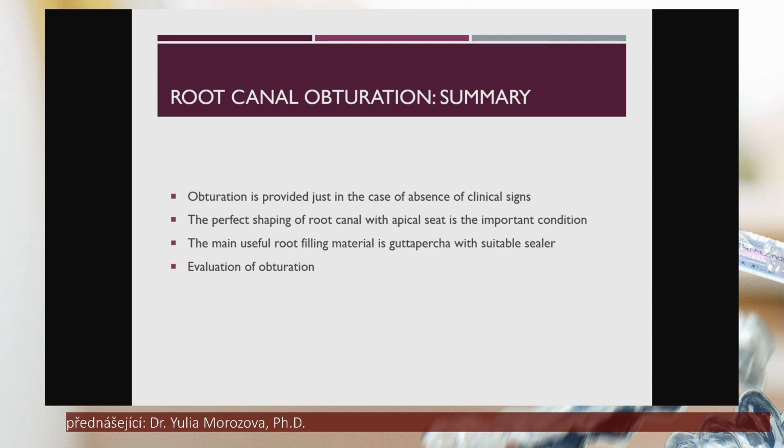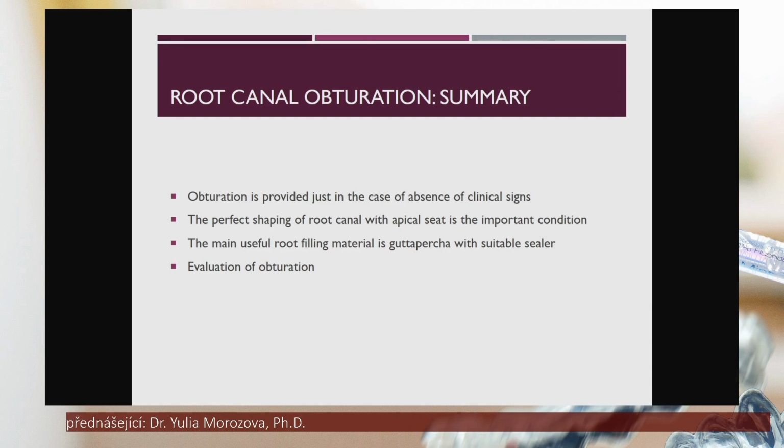As a summary of root canal obturation, I could say that definitive obturation of the root canal system can be provided only in the absence of clinical signs in the patient, and if we have provided perfect mechanical and chemical treatment of the root canal system with preparation of the apical seat in the apical part. The main useful root canal filling material is gutta percha in combination with a suitable sealer.